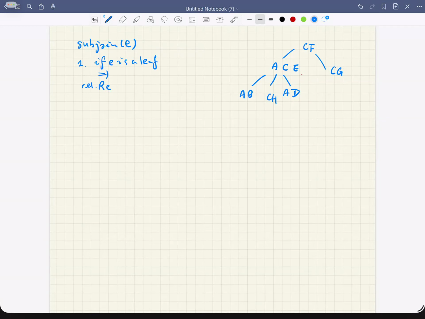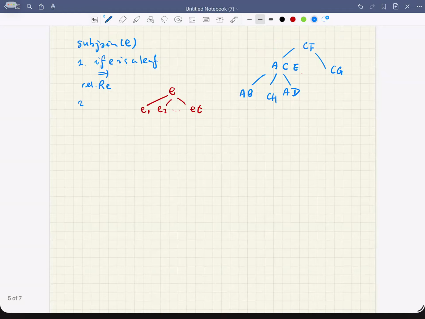Else, let's think about E as an internal node, and without loss of generality, I can say it has T children, something like this. Good. Now what do you do? This is what you do. First of all, you do recursion.